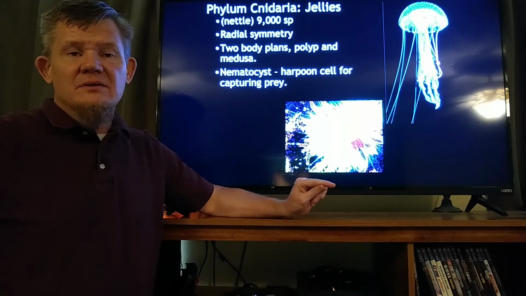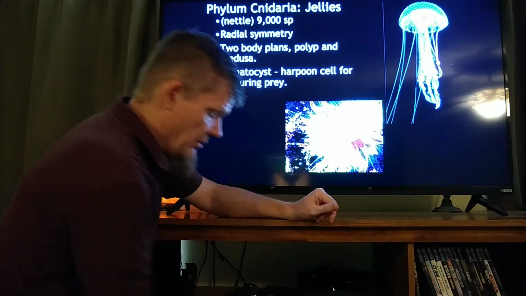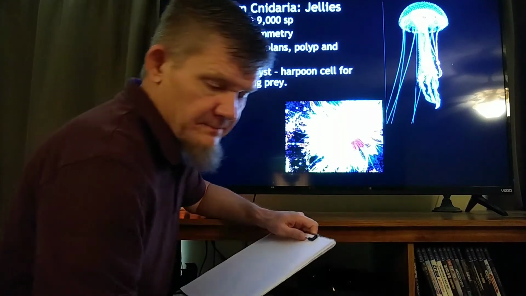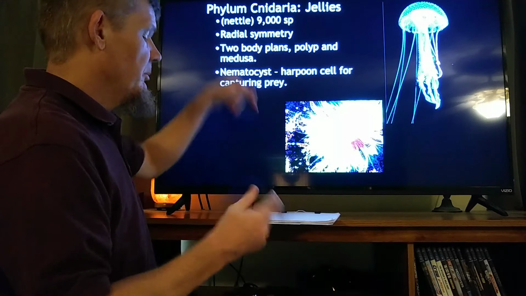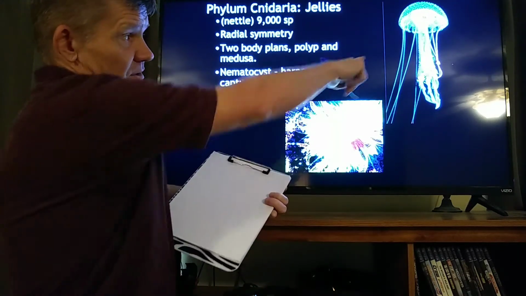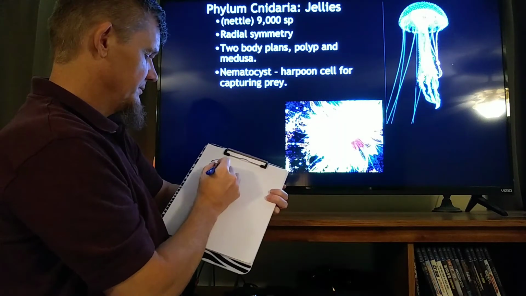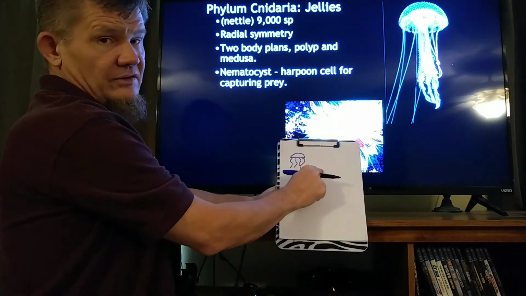Jellies have two basic body plans, the polyp and the medusa. They're not as different as they seem. You're most familiar with the medusa, and that's what this one is over here. This is what a medusa looks like. You've got the umbrella and the tentacles hanging down.